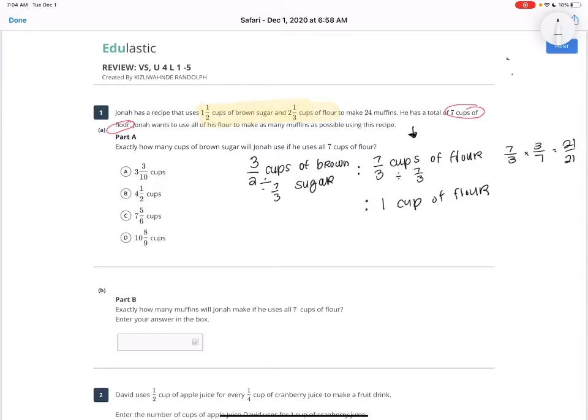Okay, so then with this side, this is the true math problem. 3/2 divided by 7/3. I want to apply the multiplicative inverse. And now I have 9/14. Okay. So 9/14 cups of brown sugar.